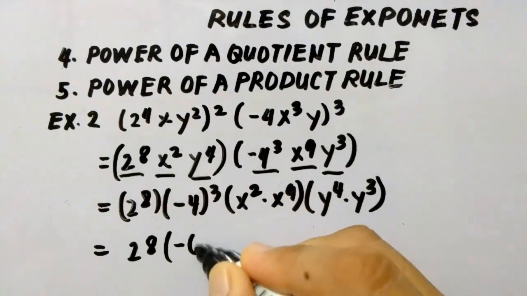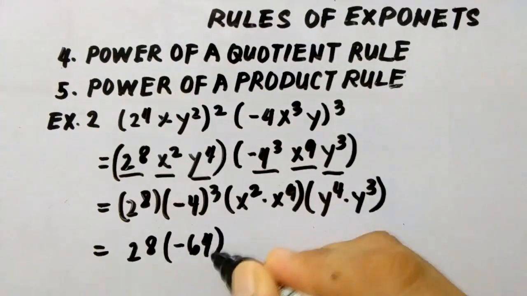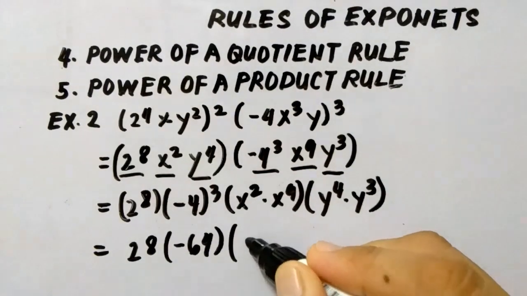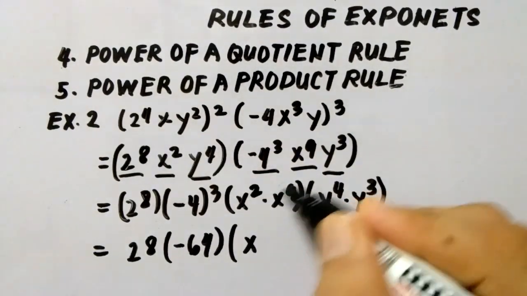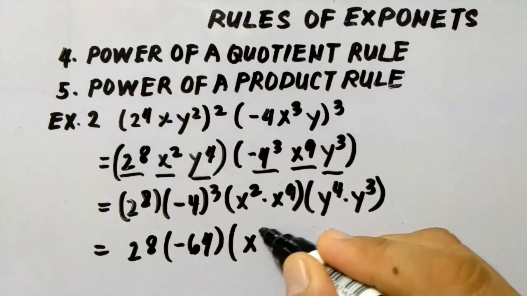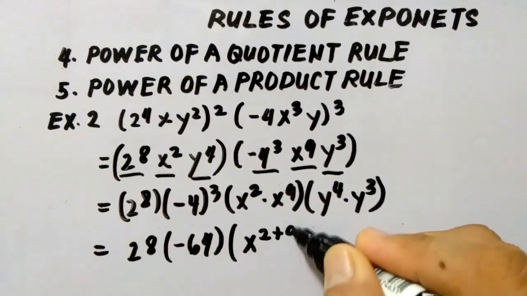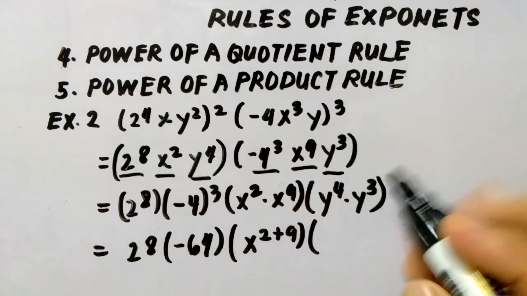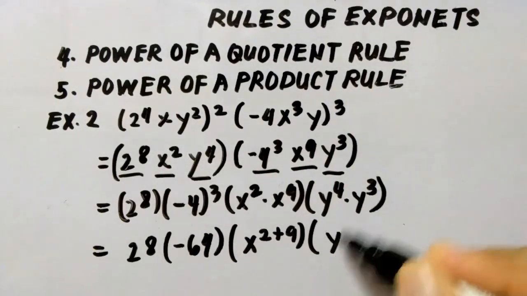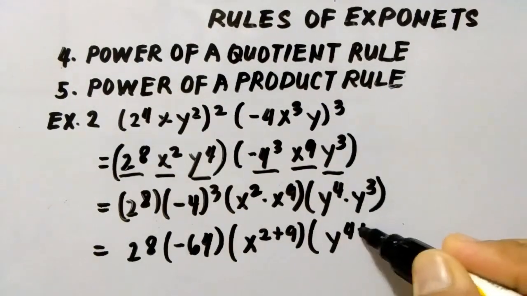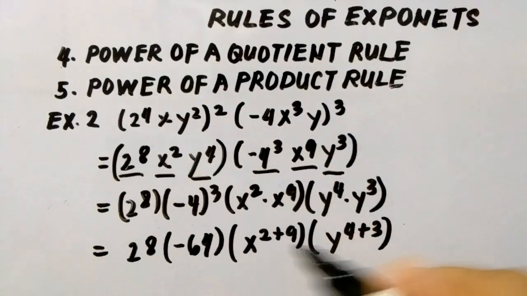So, negative 64. Then, x. Pagsamahin po natin yung power, 2 plus 9. Then, y to the 4th plus 3.